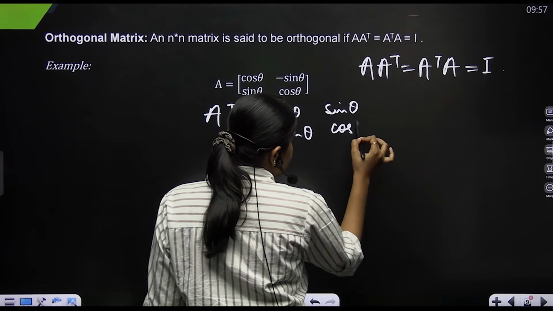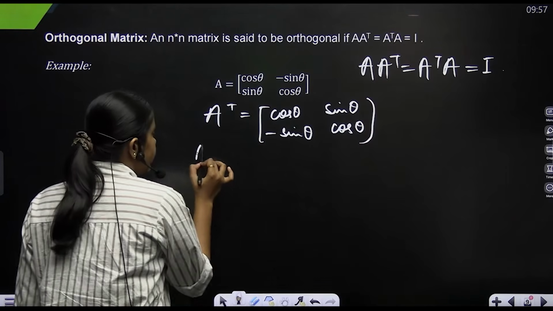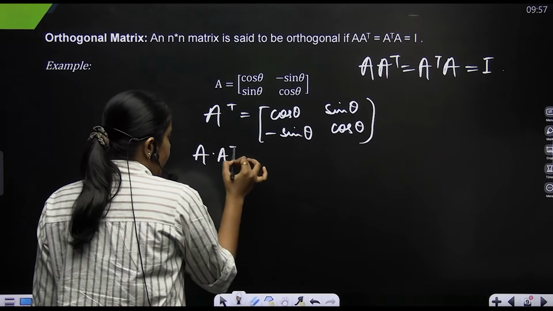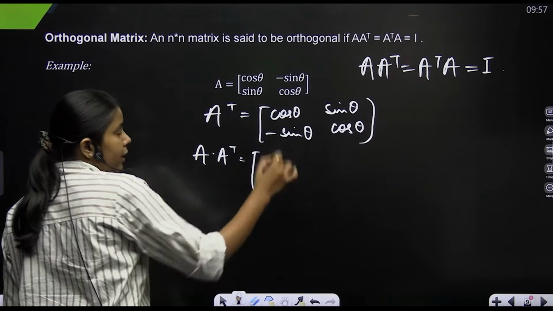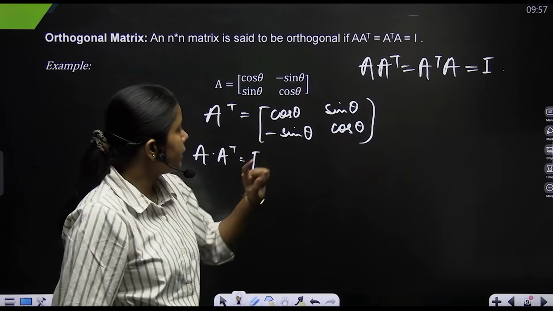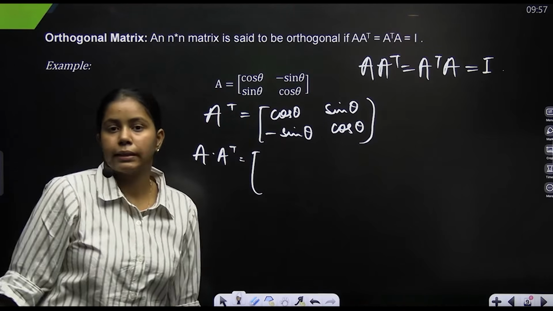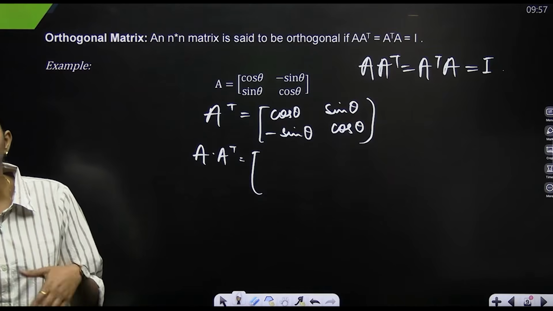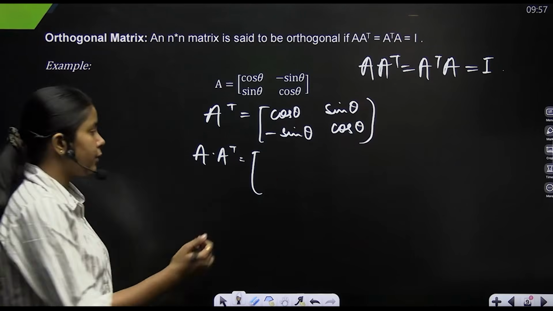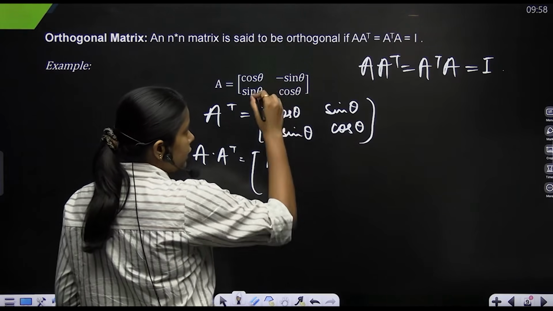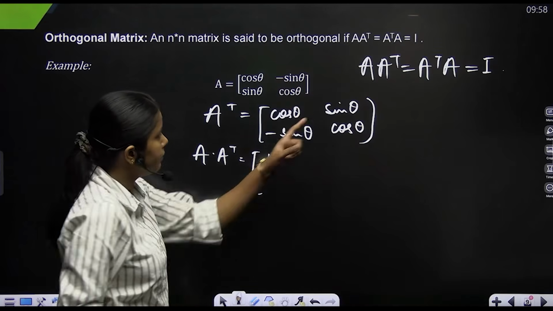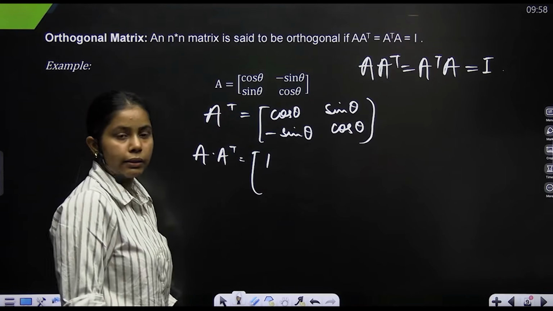cos theta. So let's multiply A into A transpose. What would it become? Cos theta into cos theta minus sin theta into minus sin theta, cos square theta plus sin square theta. What is that? This is an identity, that would be 1. Similarly, cos theta sin theta minus sin theta cos theta, that would be 0.